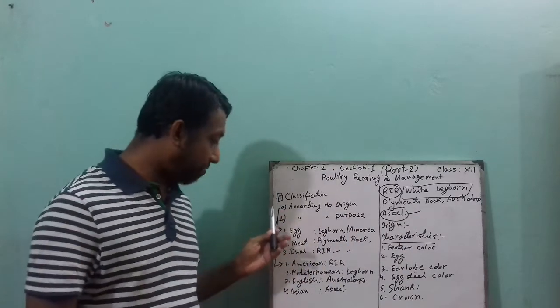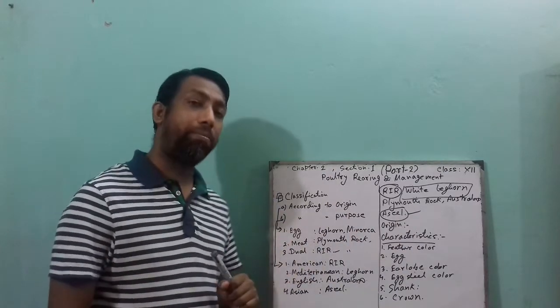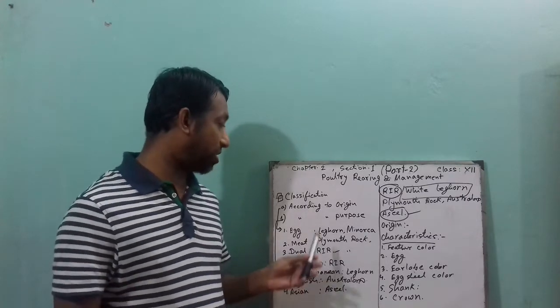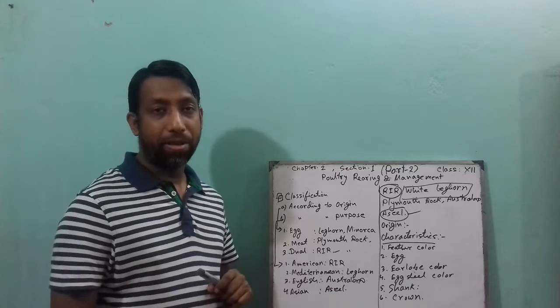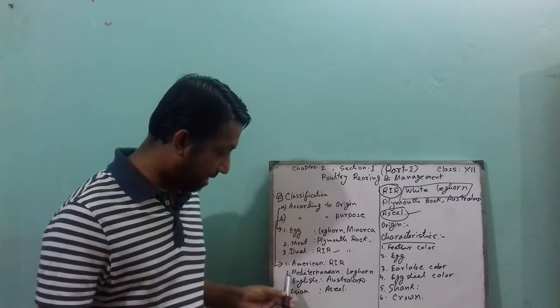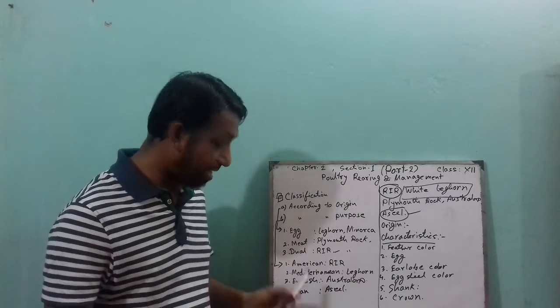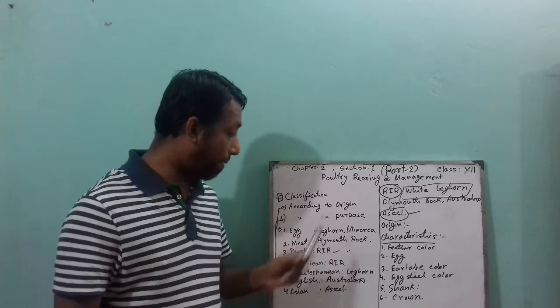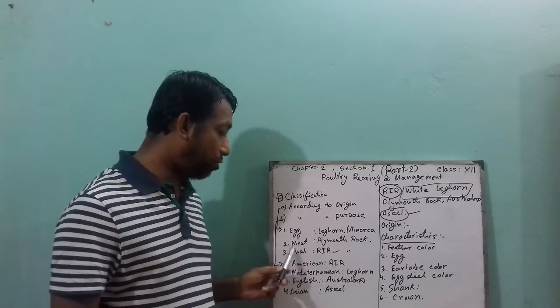Or this classification might be a 2 marks question, which is to explain the classification of poultry birds. Then you have to write according to the origin, which is American class, Mediterranean class, English class, and Asian class, and then according to the purposes, which is egg, meat, and dual.